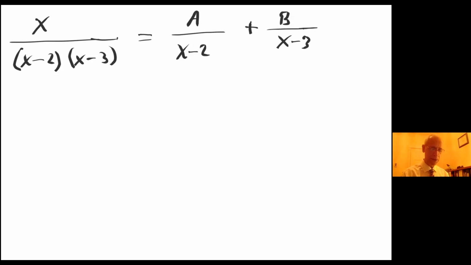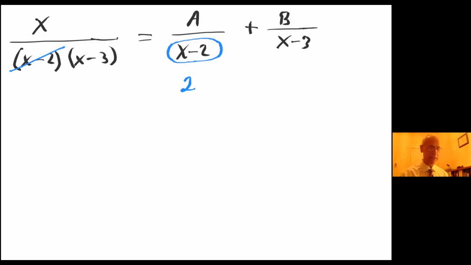So what makes this denominator 0 in here? Positive 2 makes this denominator 0. So if I go on the left-hand side and pretend I'm putting my hand on top of this part, because 2 minus 2 is 0 and I can't have a 0 in the denominator, let's pretend that doesn't exist.